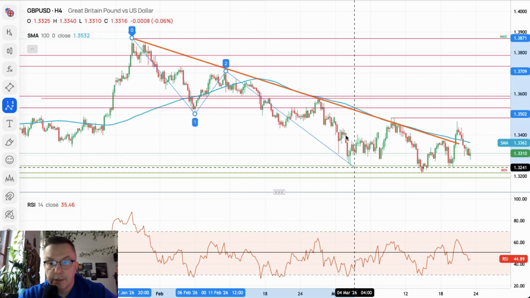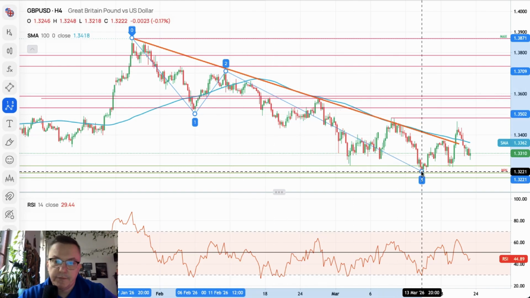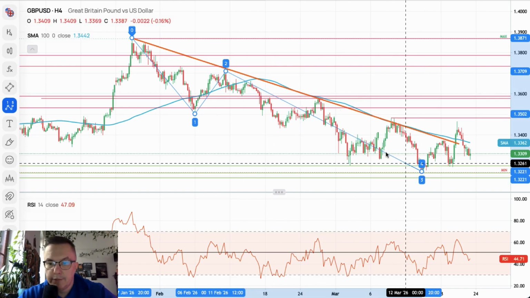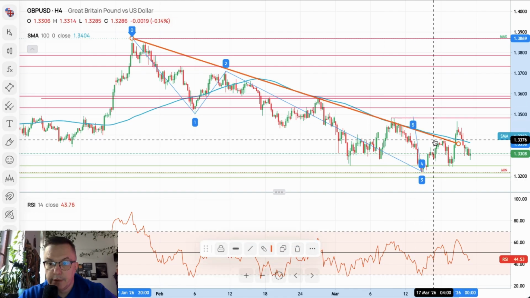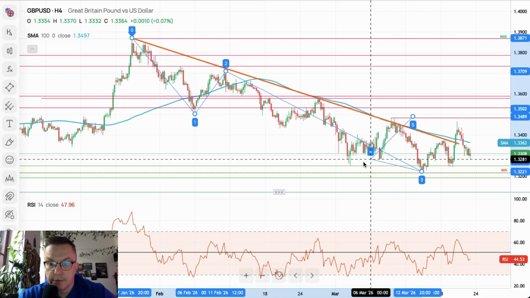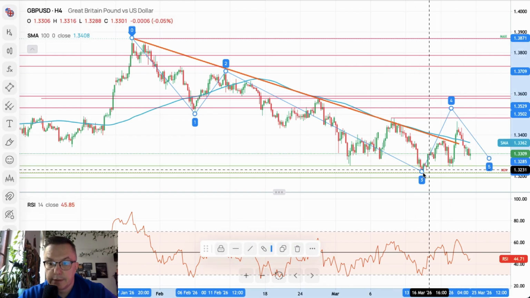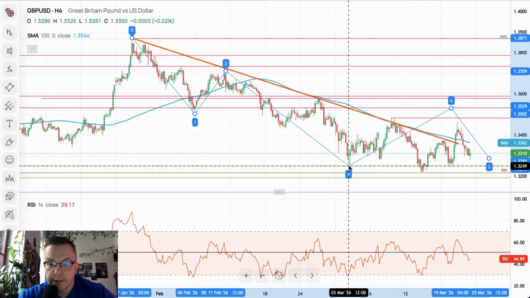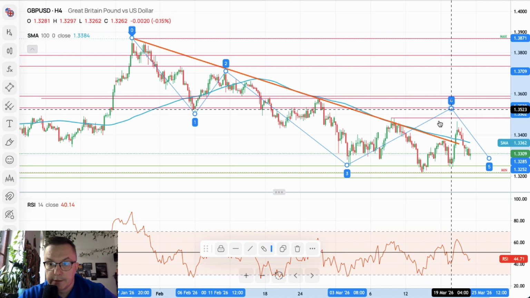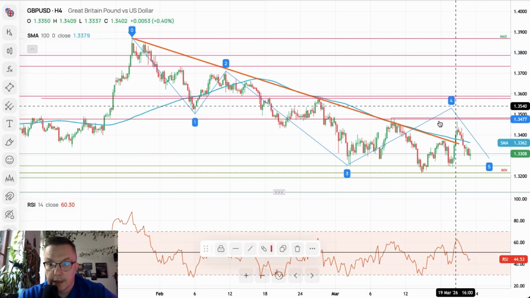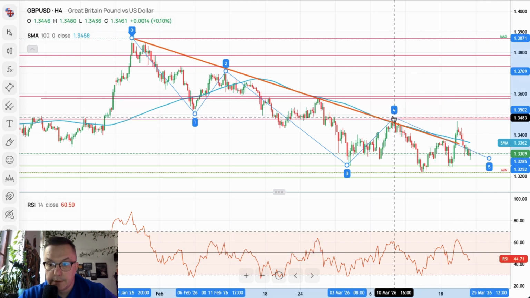Wave 2, wave 3 would be somewhere here, wave 4 and wave 5 to the downside. So let me just move wave 3 rather roughly around here. So wave 4 would be here, and wave 5 would be here.